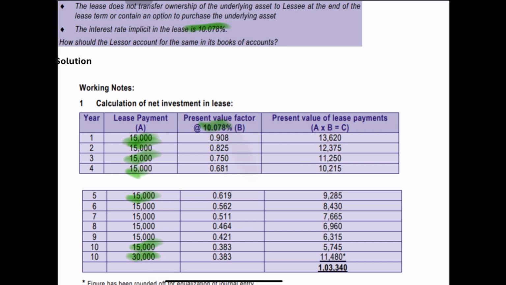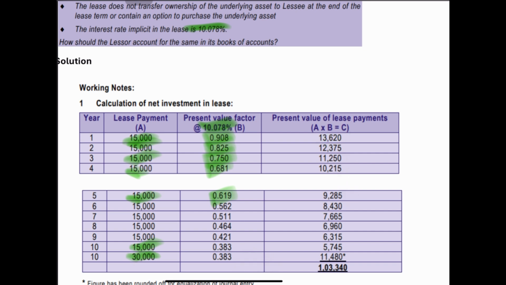Given the discount rate of 10.078%, these are the discounting factors. 1 divided by 1 plus 10.078% gives you 0.908, and 0.908 divided by 1 plus 10.078% gives 0.825. Like that, if you calculate, you will have all these values.